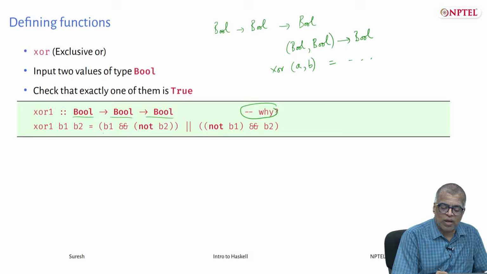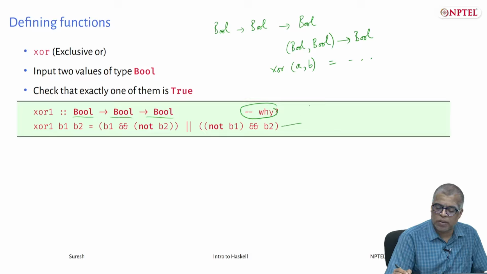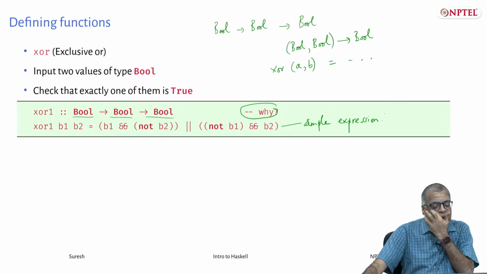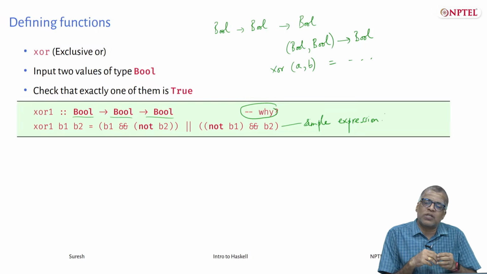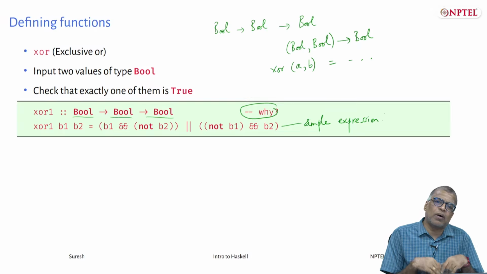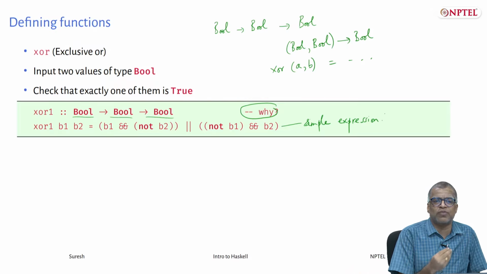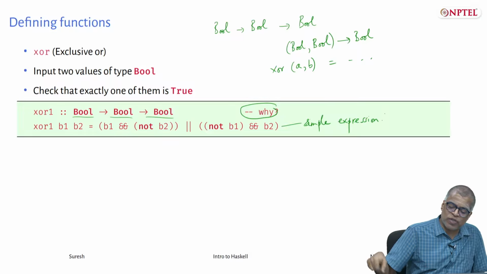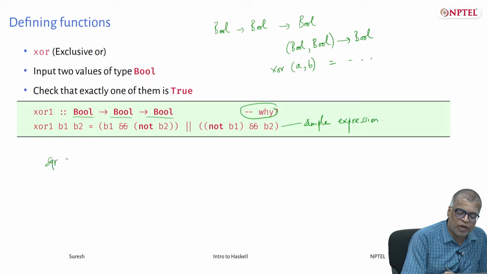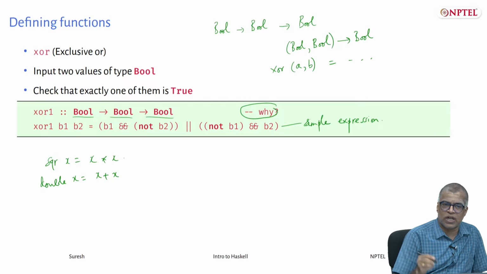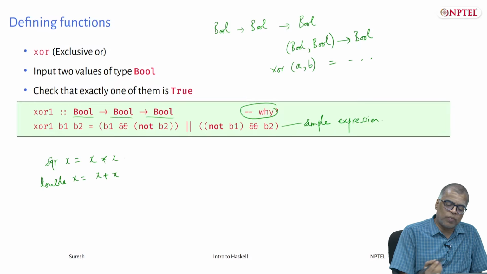What you see as the body of the function is a simple expression. It combines the input variables in multiple ways using some inbuilt functions. So this is one of the simplest ways in which you can define functions. Other examples of such definitions we have already seen: square of x equals x star x, double of x equals x plus x, etc. You can come up with your own functions.